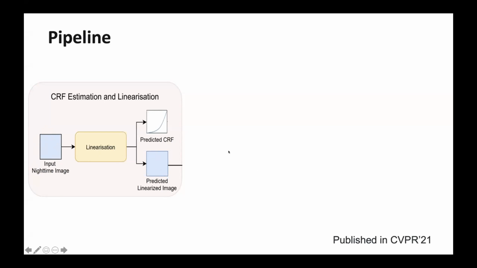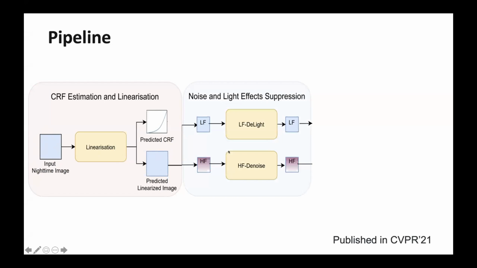The second module in the pipeline is that after we have the linearized image, we split this image into low frequency and high frequency. First is the high frequency. In the high frequency, we notice that all the noise and the structure, the edges, the boundaries will be here.